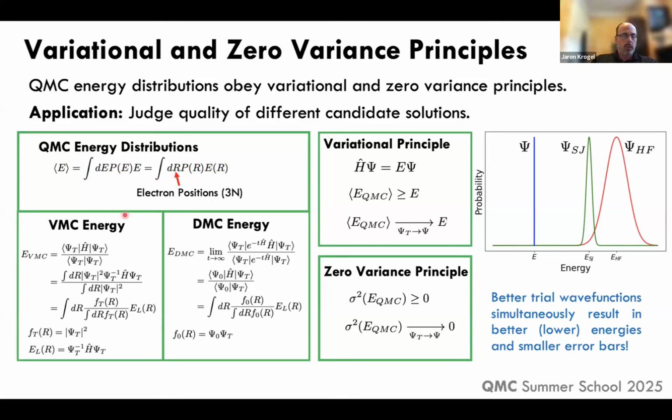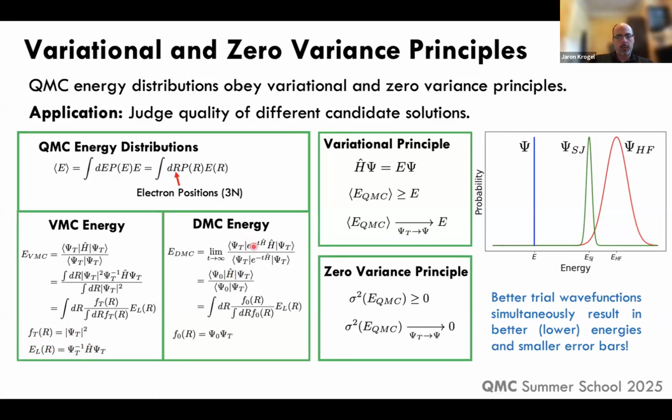If you look at the VMC and DMC energies, they're given by this expectation value here for VMC. If you rearrange the terms, you can identify a probability distribution and an energy function, where the probability distribution is related to the square of the trial wave function, and the energy function is known as the local energy, which has this form. In DMC, it's of course similar.